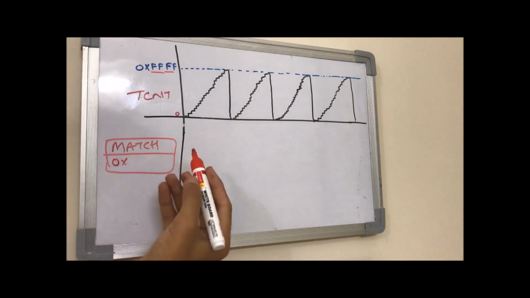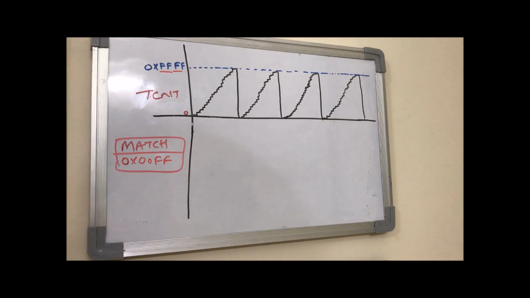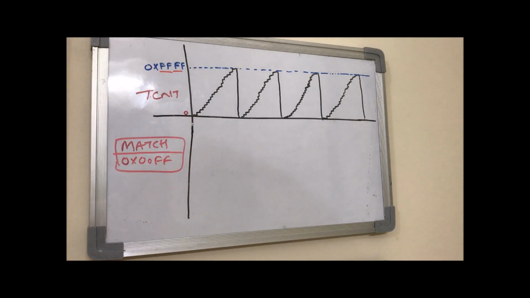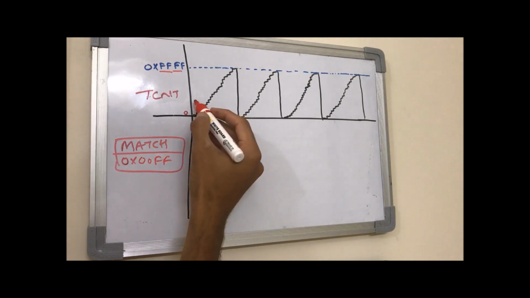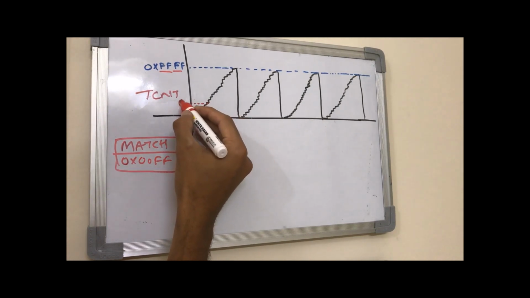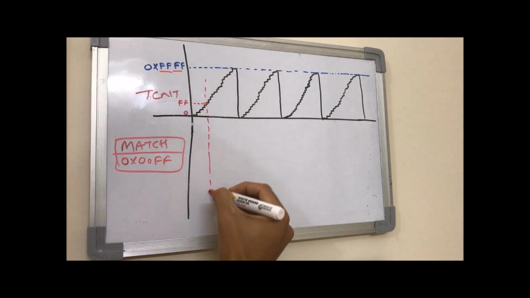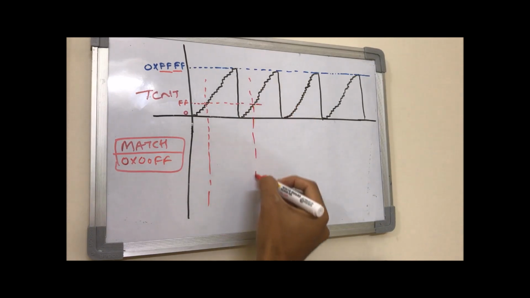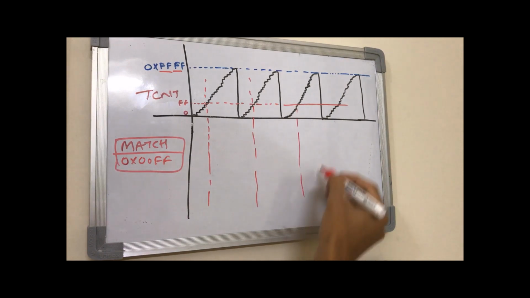So you can write any value here, maybe something like that. And the internal circuitry of the timer module will compare this match register with the timer counter register to generate the output. So this FFFF will be somewhere here, and this is again configurable, that when to generate a high output or when to generate a low output.